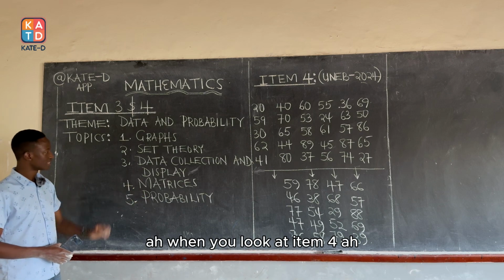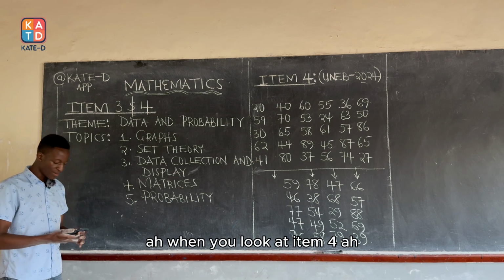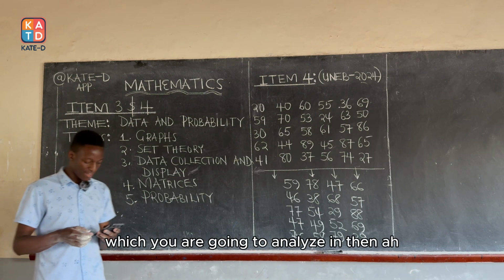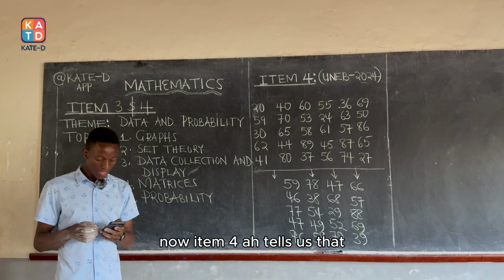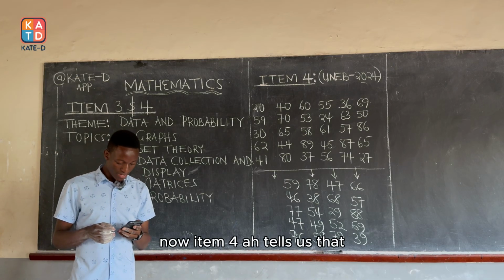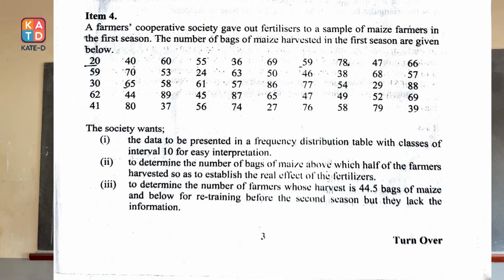When you look at item 4, which we are going to analyze, it tells us that a farmers' cooperative society gave out fertilizers to a sample of maize farmers in the first season.